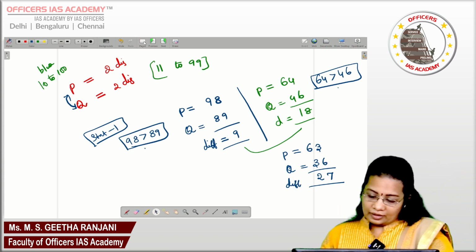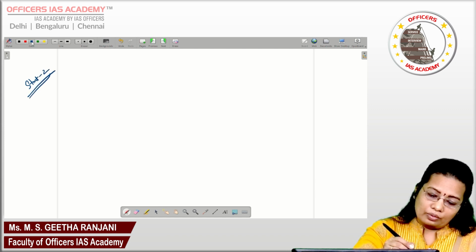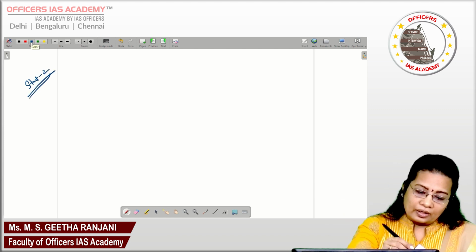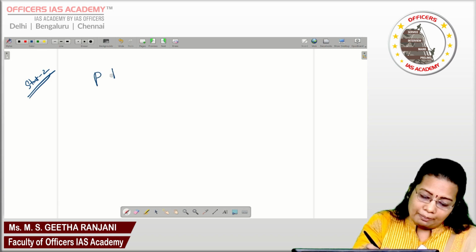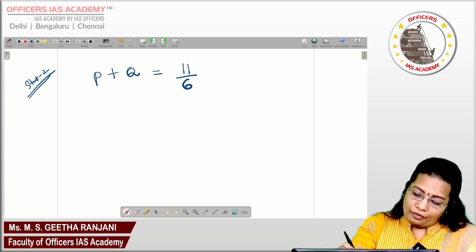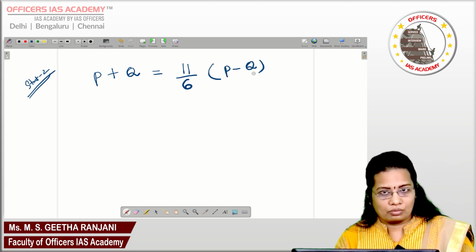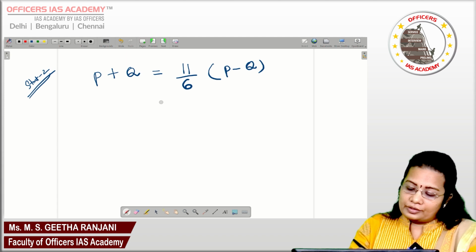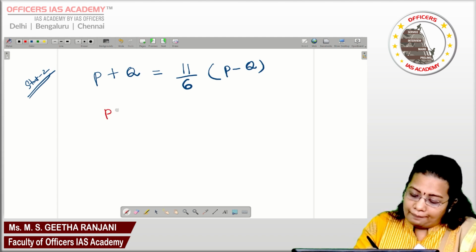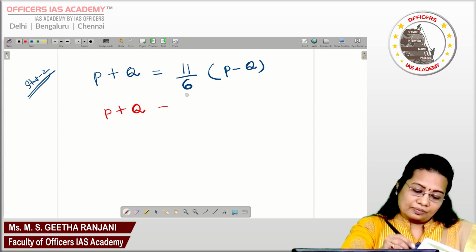Let me take statement 2. According to statement 2, they are telling that the sum of the ages P plus Q is 11 by 6 times the difference of the ages, that is P minus Q. So the point is, the ratio of P plus Q, which is 11, and P minus Q, which is 6.